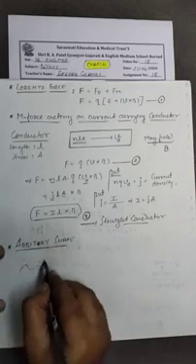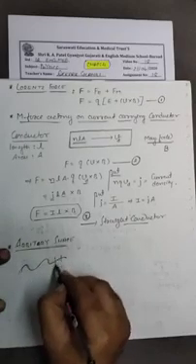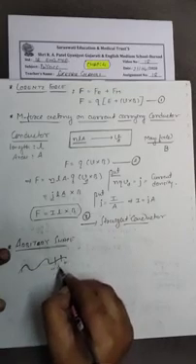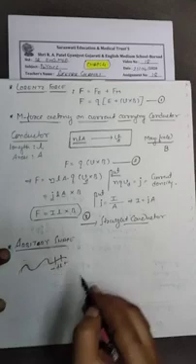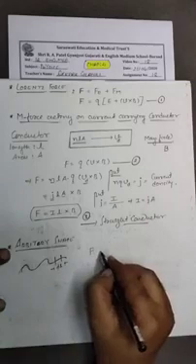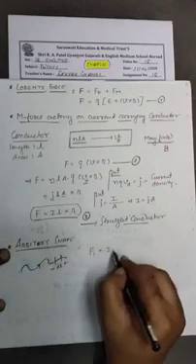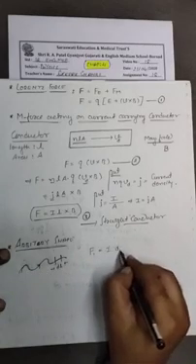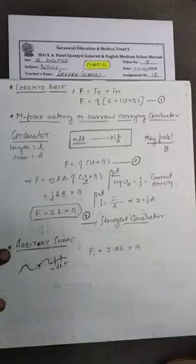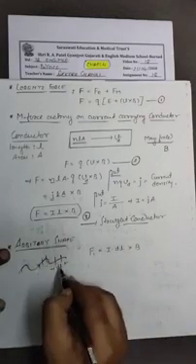Suppose this type of shape of conductor is there, then you have to take a small part of the conductor, and that small part has length dl. So you will have the equation F1 for the first part is equal to I, the electric current passing, dl cross B, where the magnetic field is uniform. Same way, let us take another part having the same length dl.